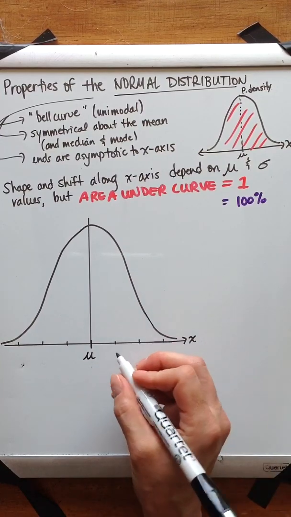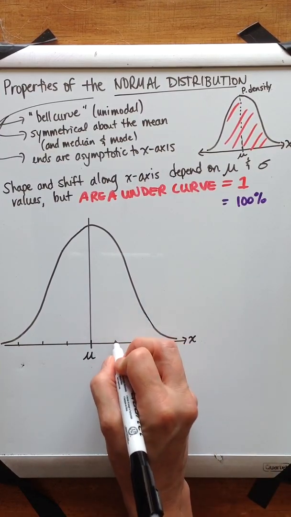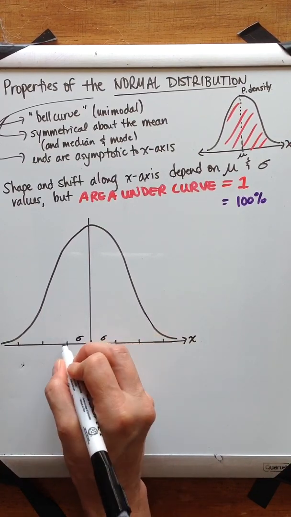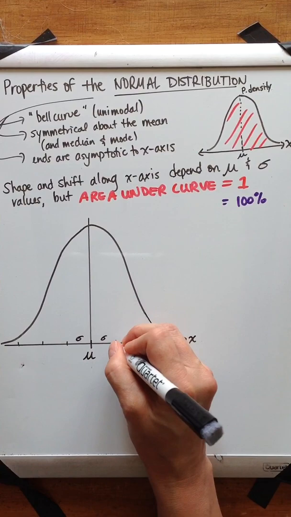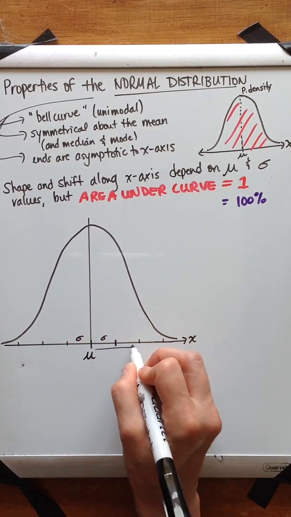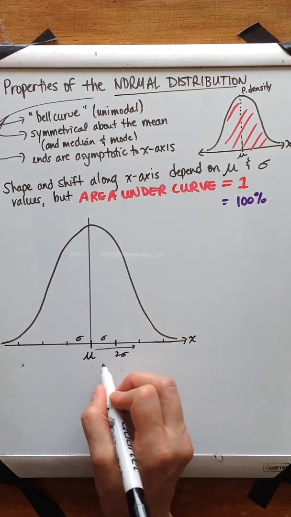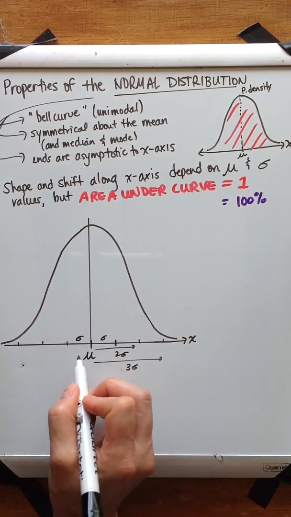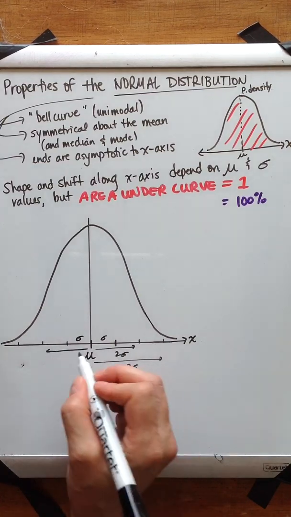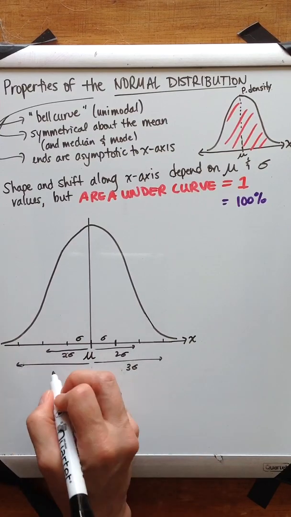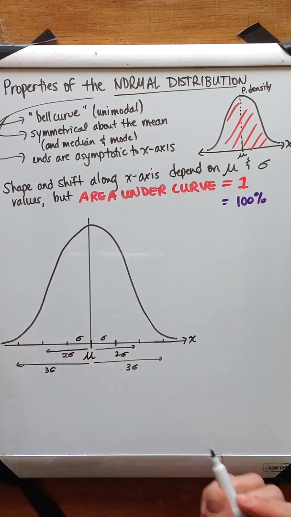What's neat about this curve is that if you go over the width of one standard deviation, both to the left and to the right of the mean, or if you go 2 standard deviations over, or ultimately 3 standard deviations over, you have a characteristic that is true for all normal distributions, and here is that characteristic.